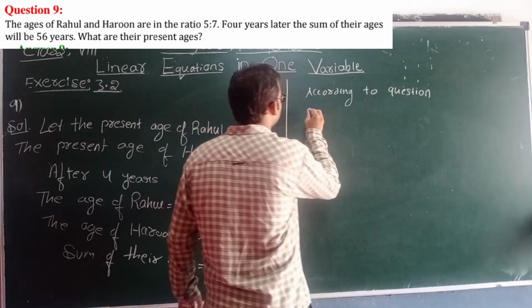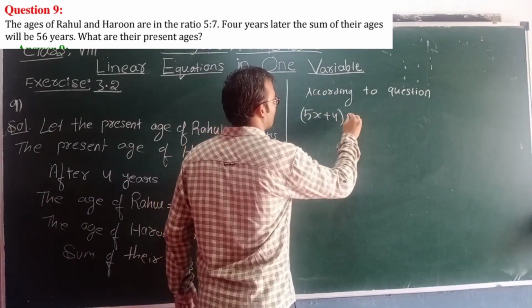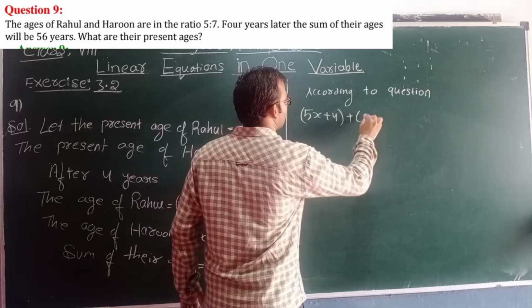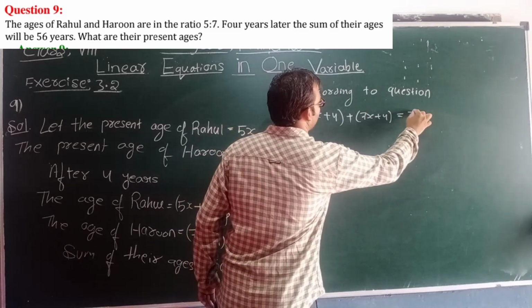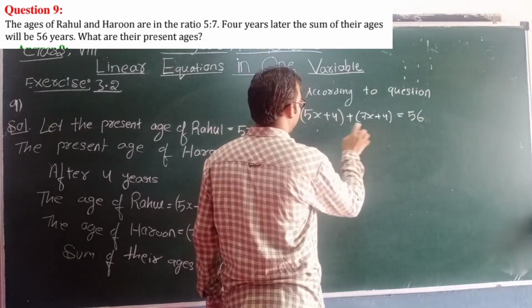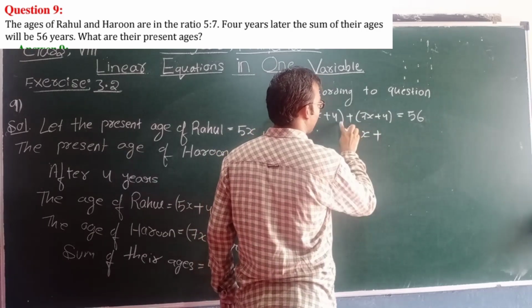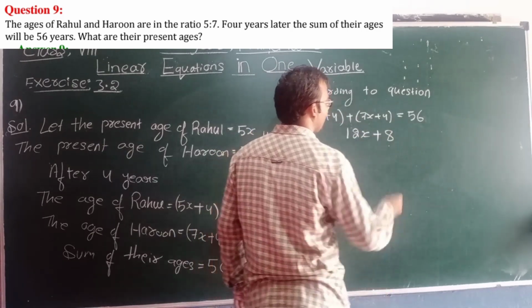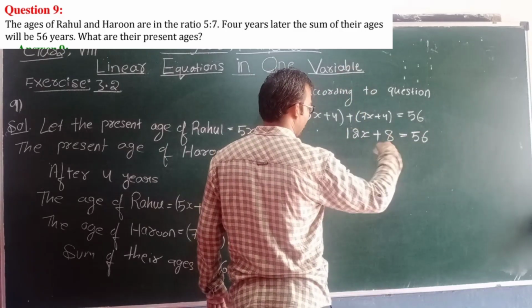So here 5x plus 4 plus 7x plus 4 equals to how much? 56. So here there is a plus in between. Add like terms, that is 5x plus 7x is 12x plus 4 plus 4 is 8 equals to 56. Transpose this plus 8 towards that side.